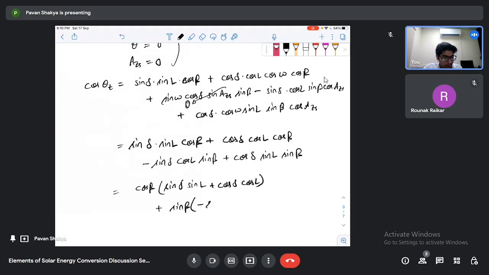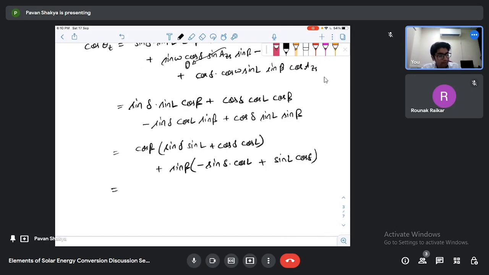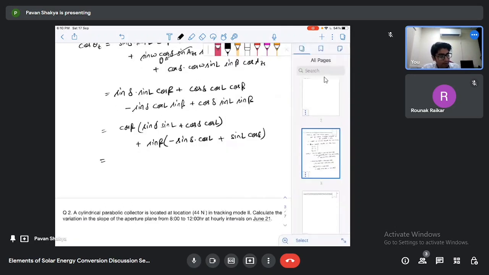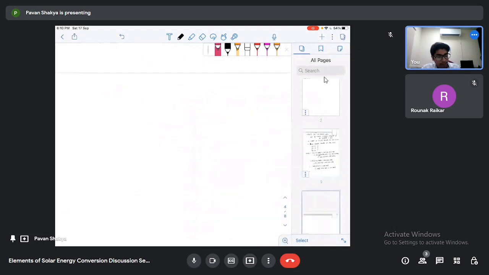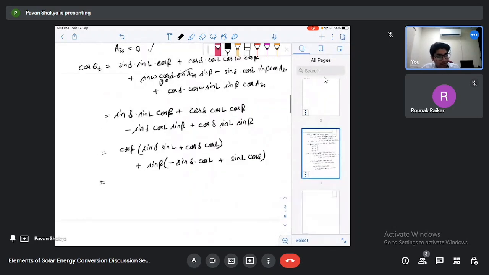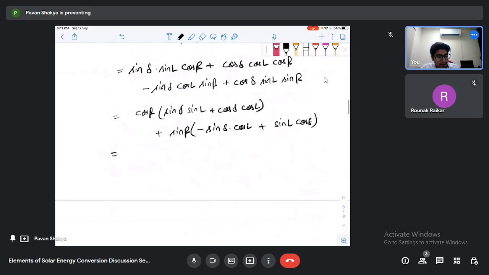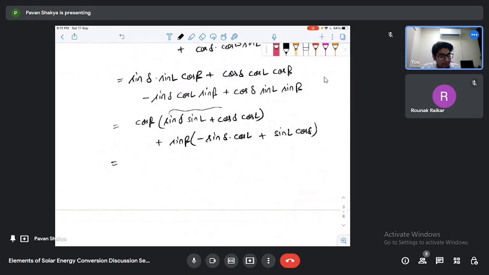Then it comes out as minus sin delta cos L plus sin L cos delta. Next, the first bracket will become cos of L minus delta, multiplied by cos beta.